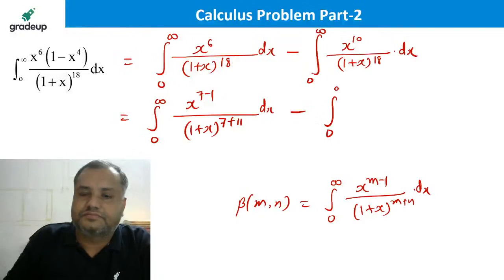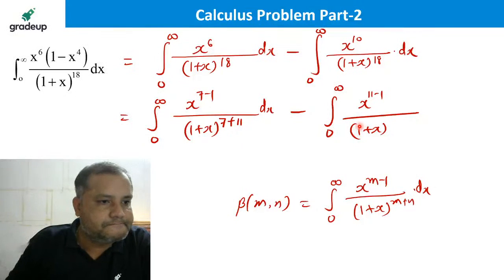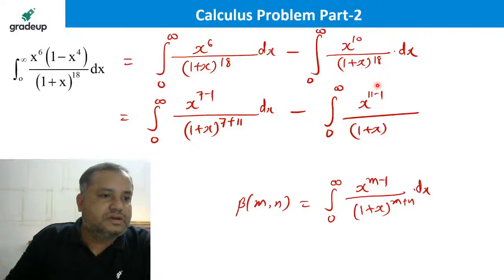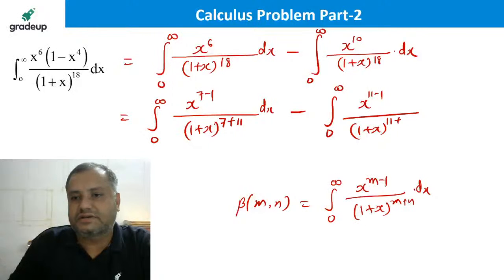Similarly, 10 can be written as 11 minus 1. Now 1 plus x to the power 18, split 18 into two parts, 11 plus 7.